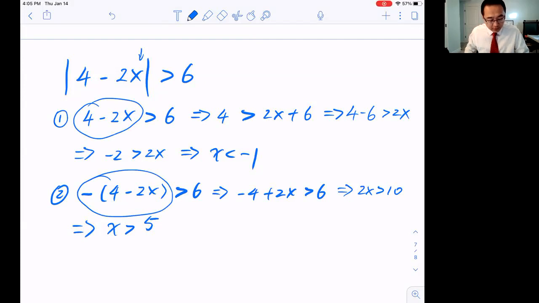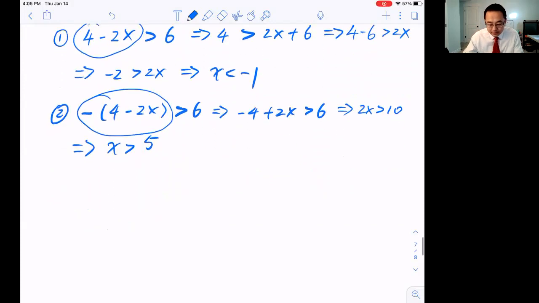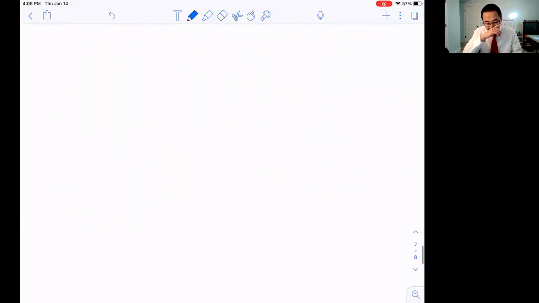The next part in this chapter is quadratic equations with one variable, and that is when you have a square term for your unknown. Quadratic comes from the Latin word quadris, which means square.